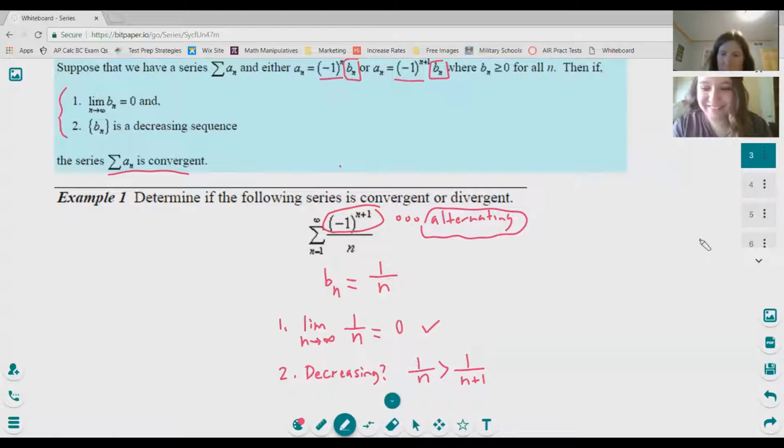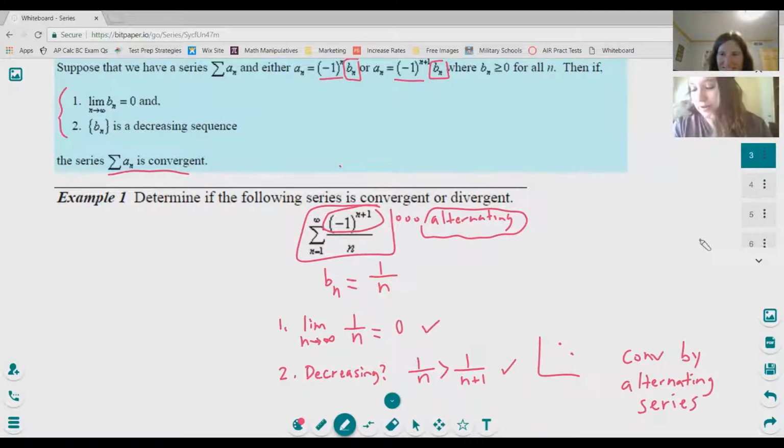Yeah, so if this is a bigger denominator, it'll be a smaller number. Right. So does that show that b sub n is decreasing? Yeah, exactly. So if we know that 1 over n is here, 1 over n plus 1, I don't know exactly what it is, but it's definitely smaller. That shows b sub n is in fact decreasing. So since it meets those two criteria, then my series will converge by alternating series.